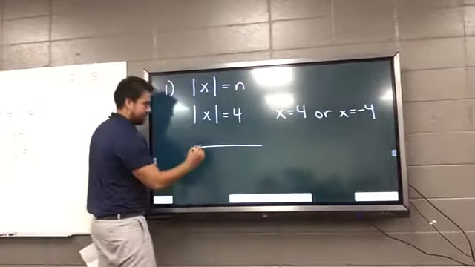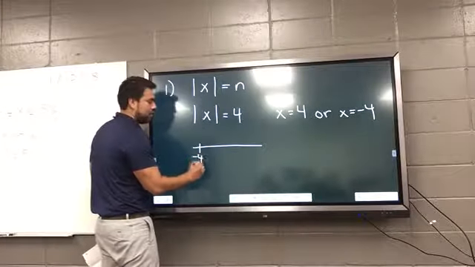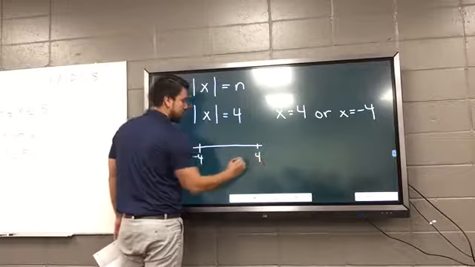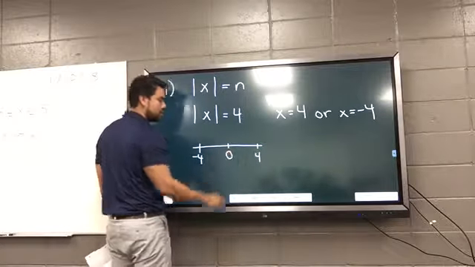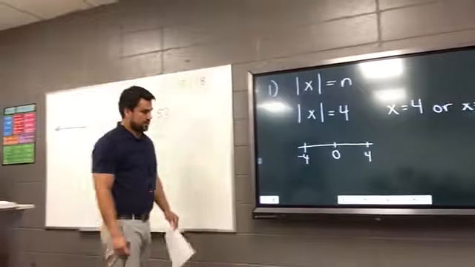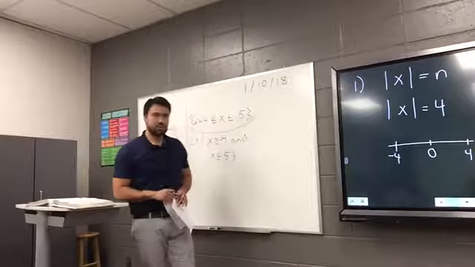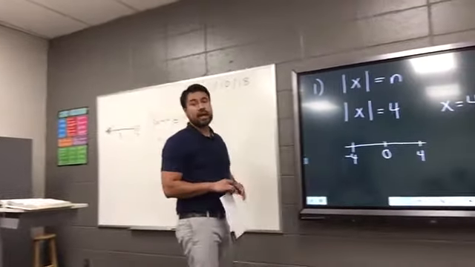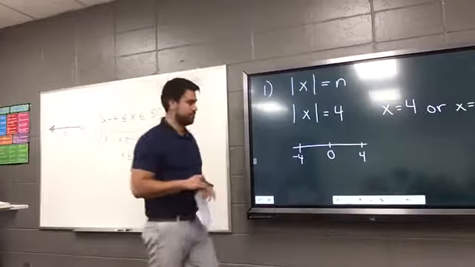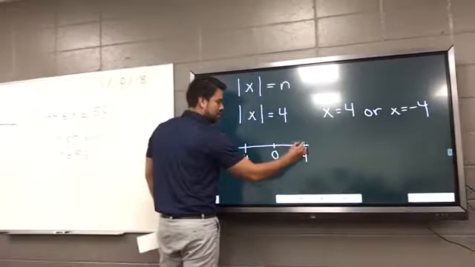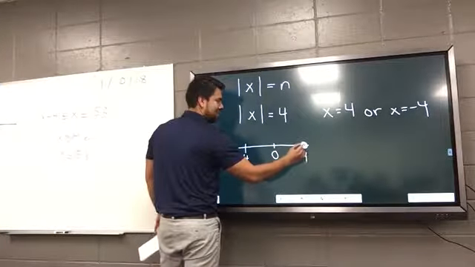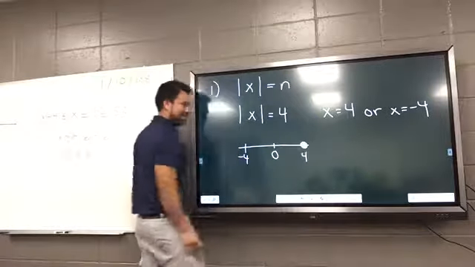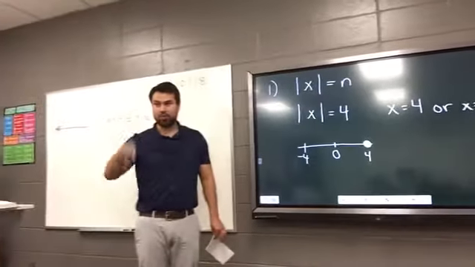All right. To graph it, very easy. Draw your number line. You have your negative 4 here and your positive 4 there. And for our illustration for the beginning, I'm going to draw the 0 in between. Does anyone know what kind of circle should go on 4? It's close. Because doesn't x equal 4?